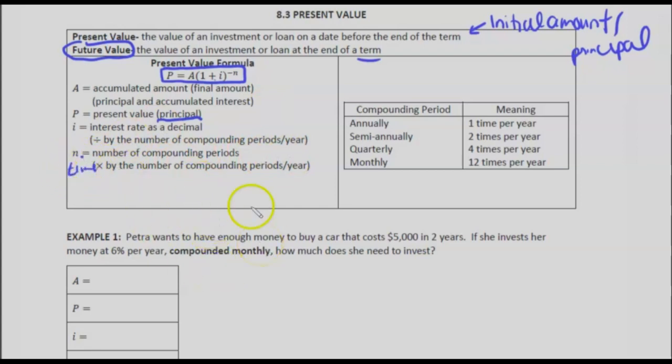Time, and then times the number of compounding periods per year. Okay, and we already have this, so this is just a recall. If it's annually, it's 1 time a year, semi-annually, 2 times a year, quarterly, 4 times a year, and monthly, 12 times a year. Okay, so this is just for a quick reference.